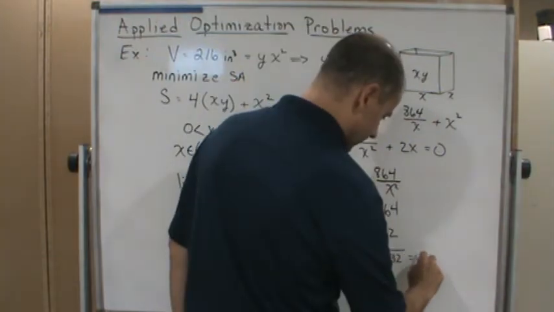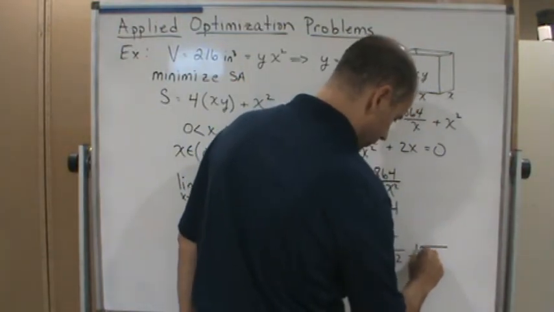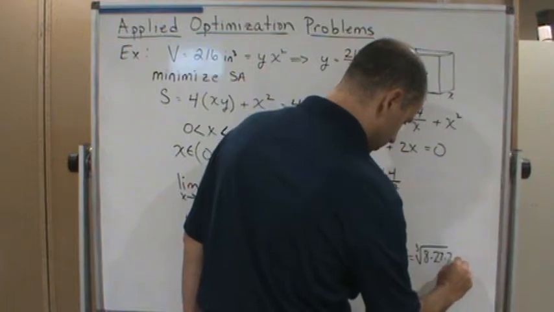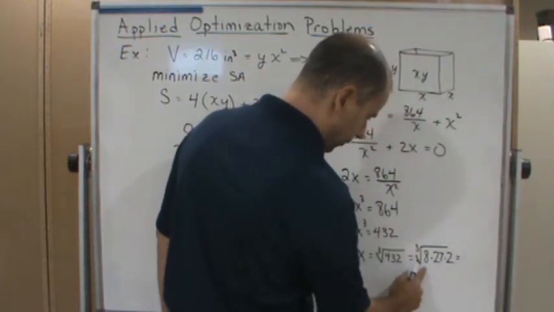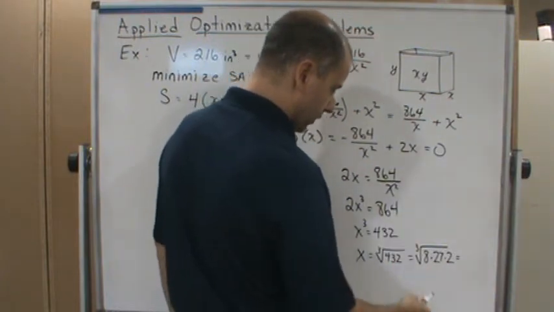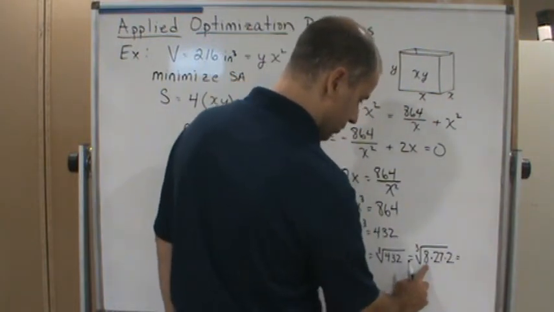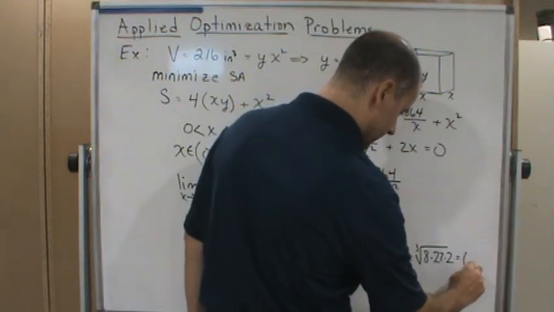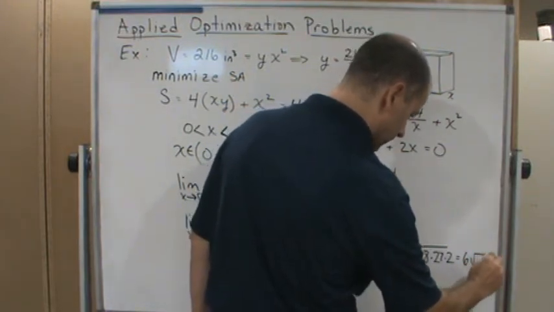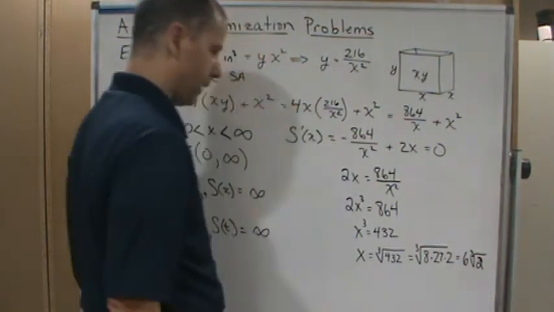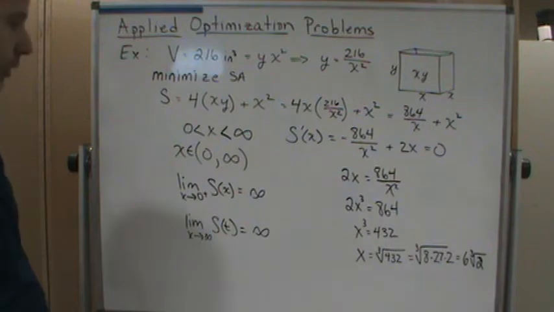So you can write this as the cube root of 8 times 27 times 2. Both of these, 8 and 27, are perfect cubes, which means now I can write this as 2 times 3. So that comes out and becomes 6 times the cube root of 2. So that's what I have so far. So there's my x value.